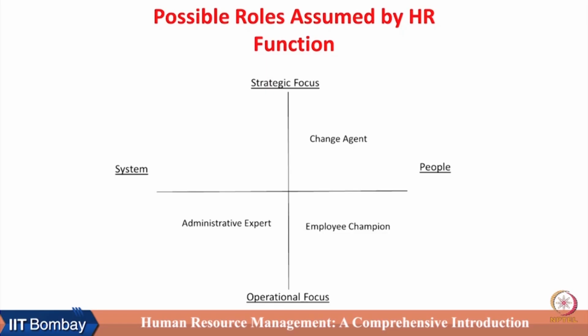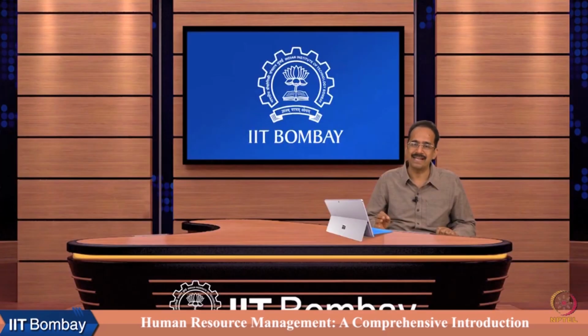Fourth role is called strategic partner. The strategic partner role of HR emerges at the cross section of strategic focus and system focus. HR function as a strategic partner looks at the long term objectives of the business organization.